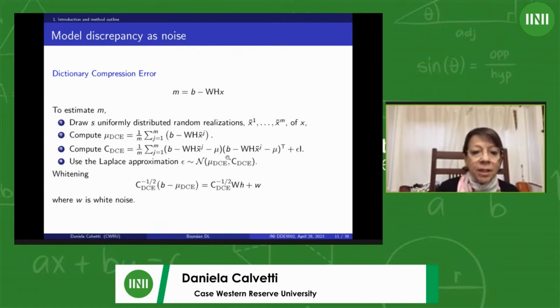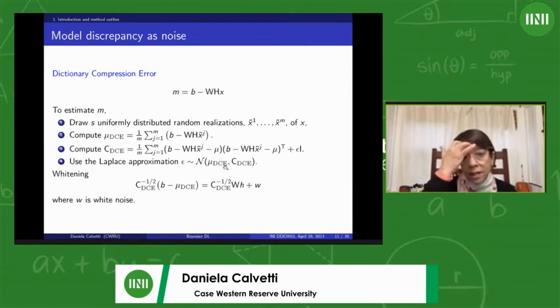Here I'm indicating that I'm using the sample covariance, and you usually regularize it to make sure that it remains a proper covariance for a Gaussian, because in the next step we're going to approximate this distribution with a Gaussian centered at the sample mean and with covariance this regularized sample covariance.